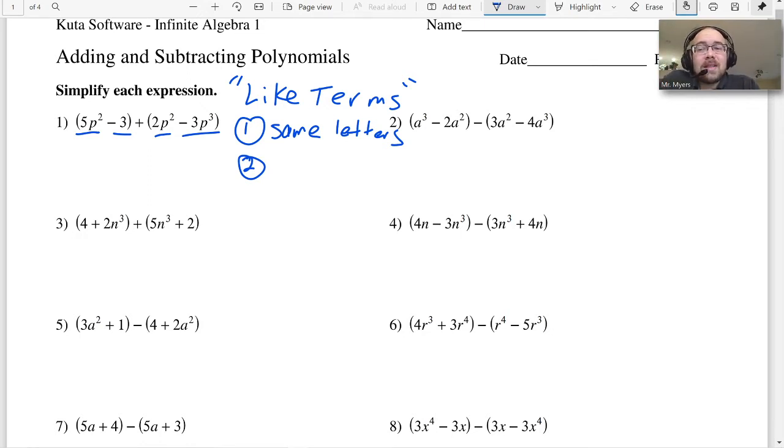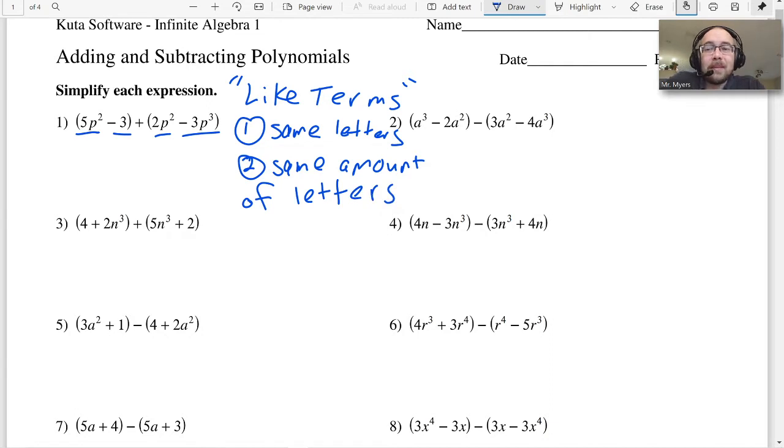But the second thing is not true. So 2p squared and negative 3p cubed are not like terms because of the second thing: they have to have the same amount of letters.